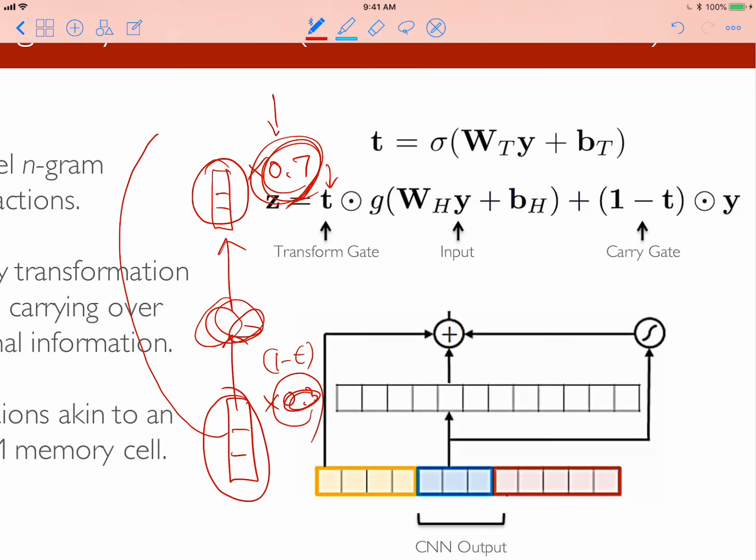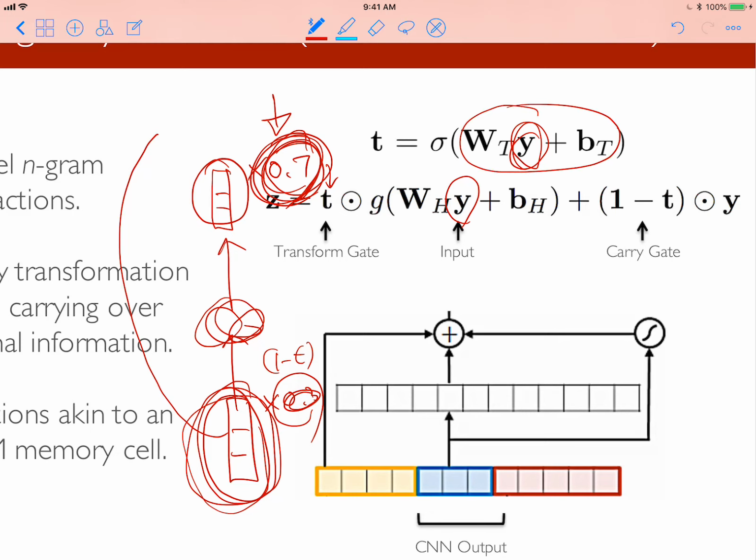And how do we determine this? It is determined based on the same input. The input vector goes through its own linear transformation and then a sigmoid, and generates this three-dimensional sigmoid output, right?